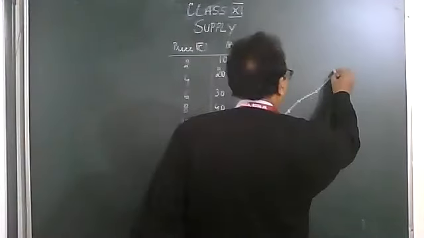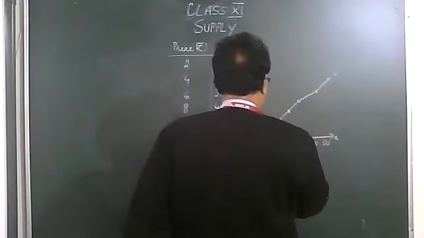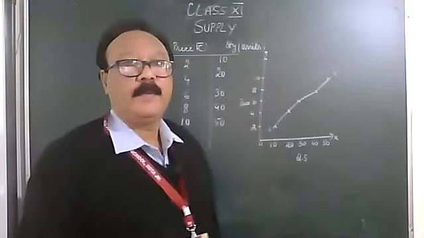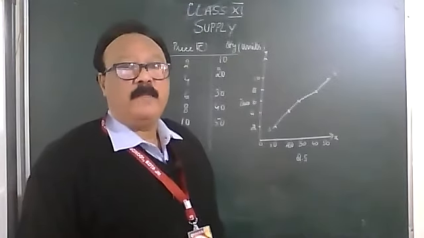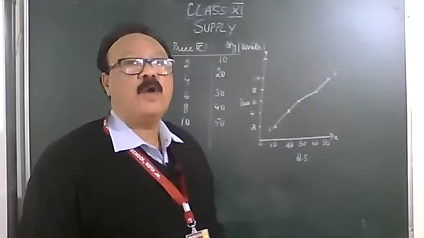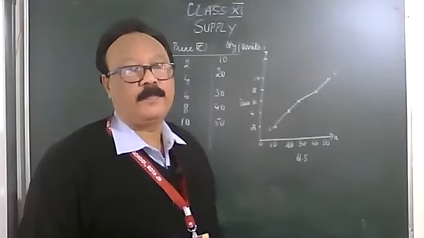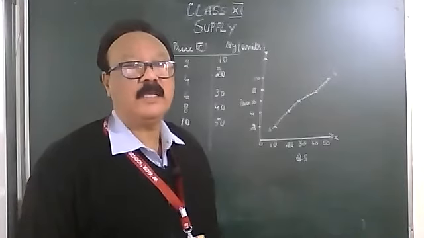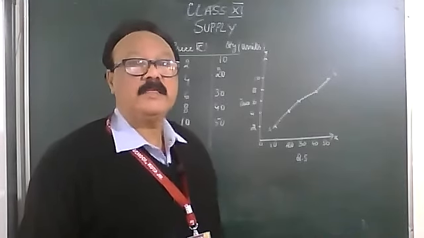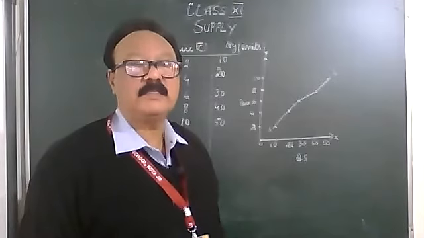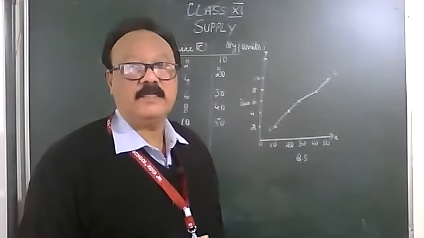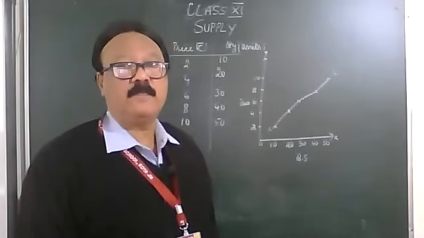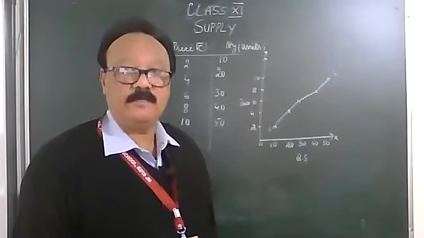Use your scale to get a straight line. The supply curve is upward sloping. And if you remember, the demand curve was downward sloping. As the price increases, the demand keeps on decreasing. But here, as the price increases, the supply keeps on increasing. So demand was a negatively sloped curve, supply is a positively sloped curve.